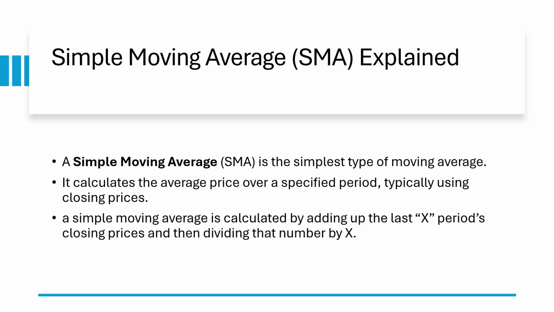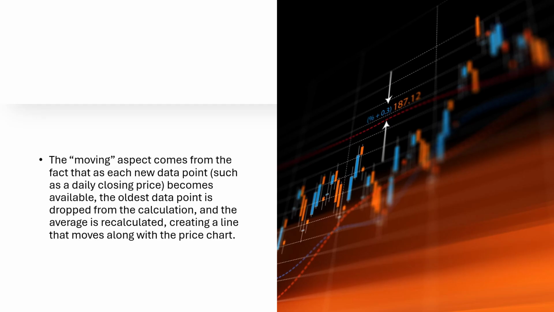A simple moving average is calculated by adding up the last X amount of whatever period's closing prices and then dividing that number by X. The moving aspect comes from the fact that as each new data point, such as a daily closing price, becomes available, the oldest data point is dropped from the calculation, and the average is recalculated, creating a line that moves along with the price chart.